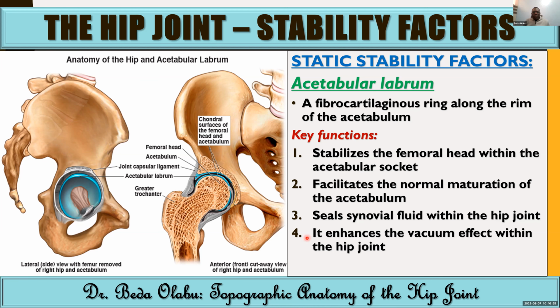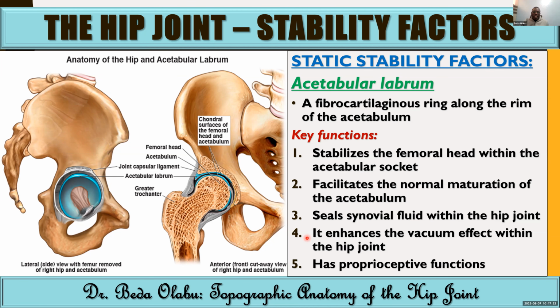The labrum also enhances the vacuum effect that is usually found within this joint. So the joint has some vacuum effect because of the presence of the labrum as well as the configuration of the articulating surfaces. That vacuum effect also enhances stability because it makes the head continue to stick in the socket.